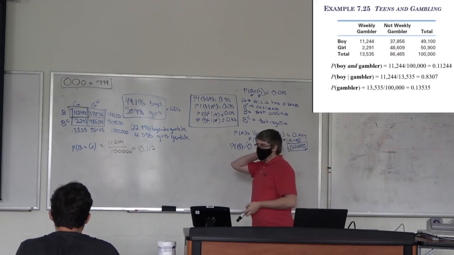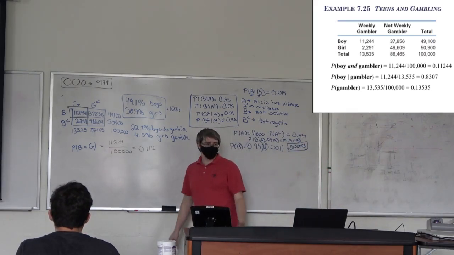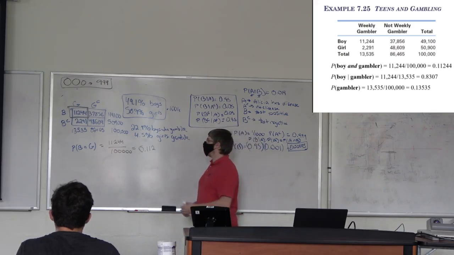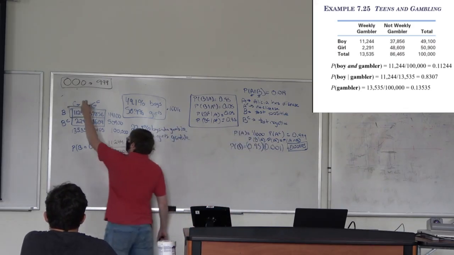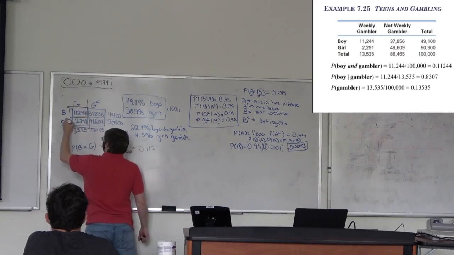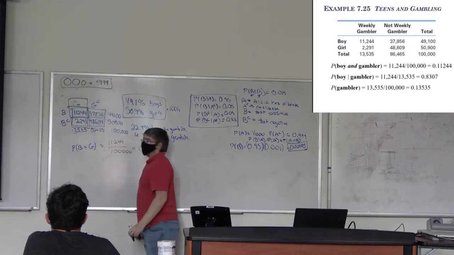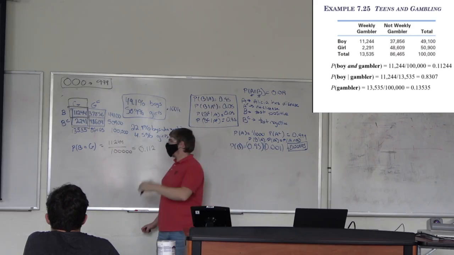However, this helps when finding out conditional statements. So if you just want to know, oh, I'm only going to consider the group of gamblers, now you know what your denominator is and what your numerator is.